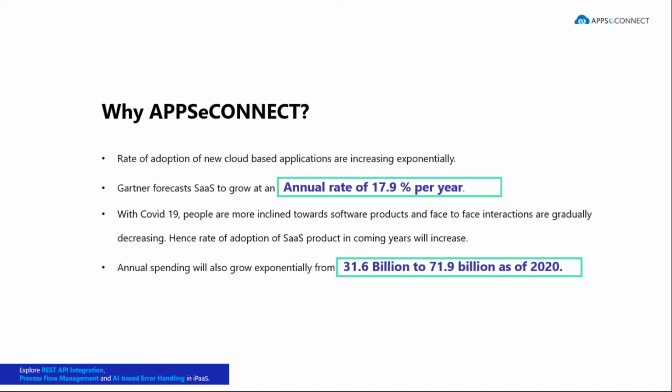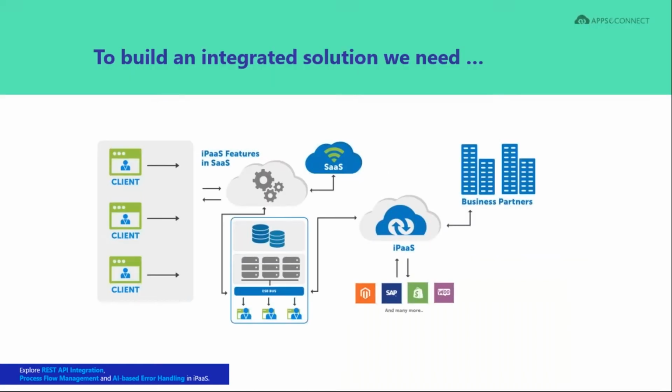Not only collaboration tools, there is a huge proliferation of CRM tools as well. Many businesses are trying out online CRM systems to keep up with the online businesses and many more. As per data, the annual spending towards SaaS products will be more than $71.9 billion, as Gartner said in the last. Wow, that's huge.